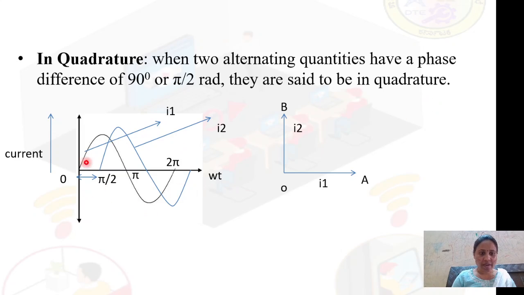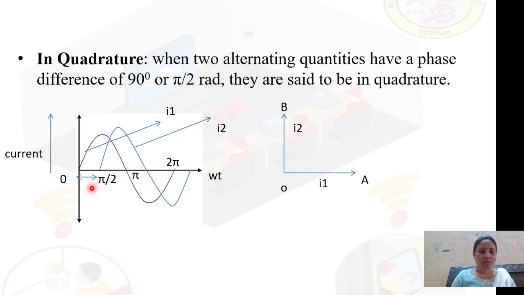So this diagram represents in quadrature in a better manner. Again here, let us consider the two alternating quantities I1 and I2, two different currents I have taken. As I said earlier, you can also take one quantity as a current and the other as voltage, or you can also take two different voltages.